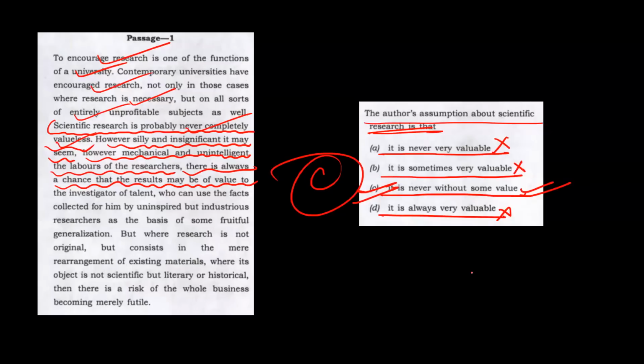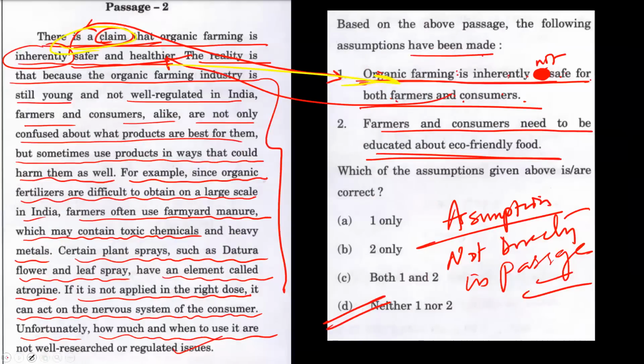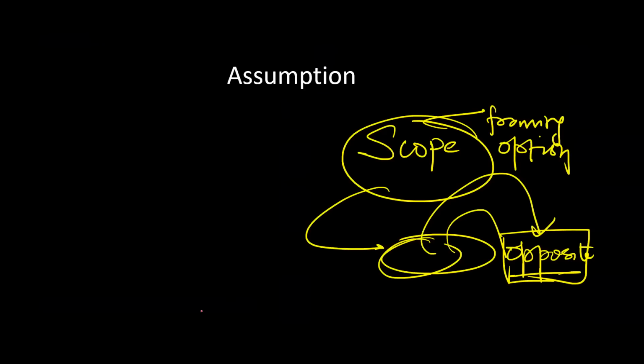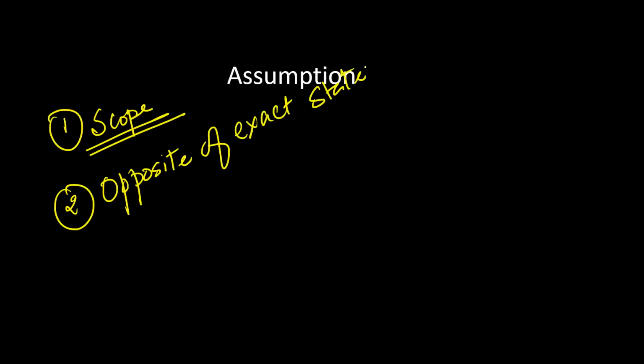So what is the final learning we have got? One thing UPSC is doing is increasing the scope first. Second, they are writing the opposite of the exact statement in the passage.